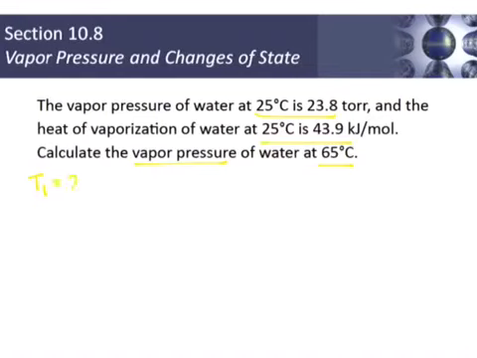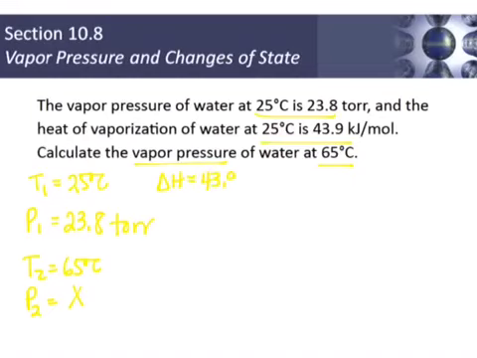So T1 is 25 degrees Celsius, P1 is 23.8 torr, T2 is 65 degrees Celsius, and P2 is what we're looking for. We know that delta H is 43.9 kilojoules per mole, and R is 8.314 joules per mole. Okay.